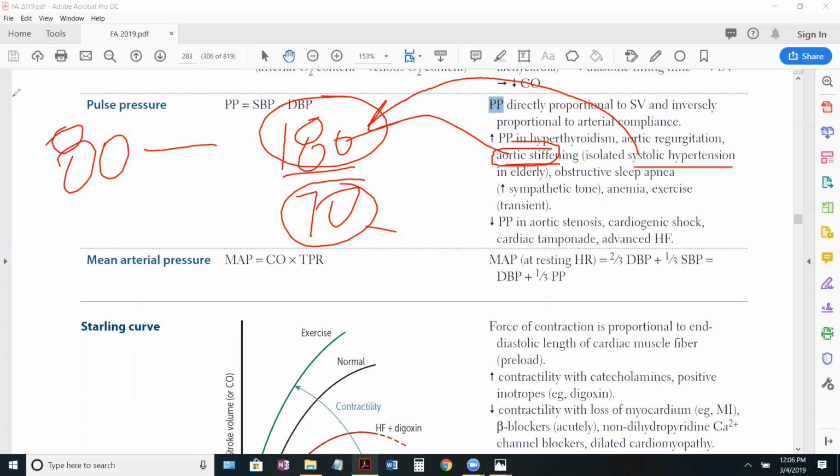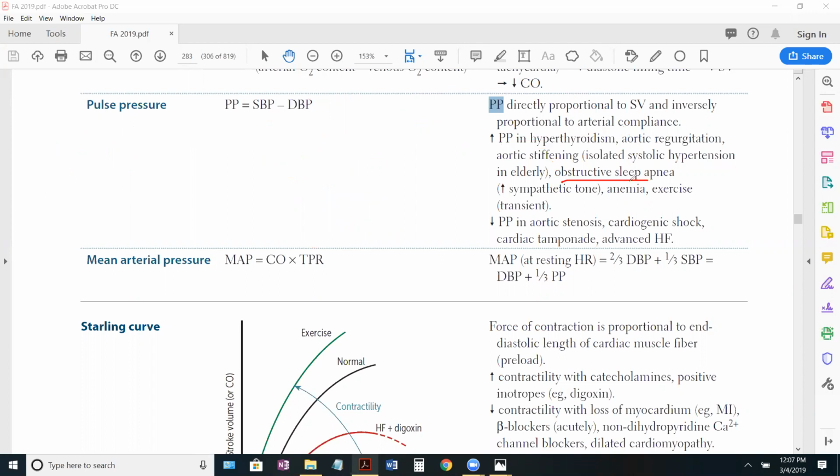So whenever you see a blood pressure issue in a very elderly patient, like in their 80s, usually this is the age they give you on your exam when they want you to focus on isolated hypertension. They will ask you what's the reason, and you have to tell them this is due to aortic stiffening.